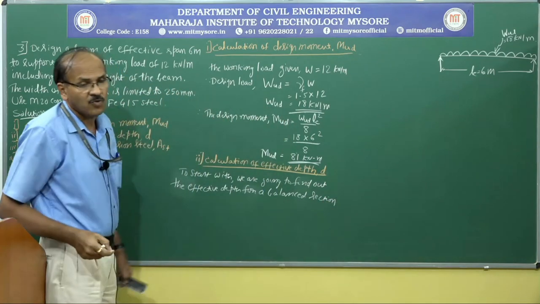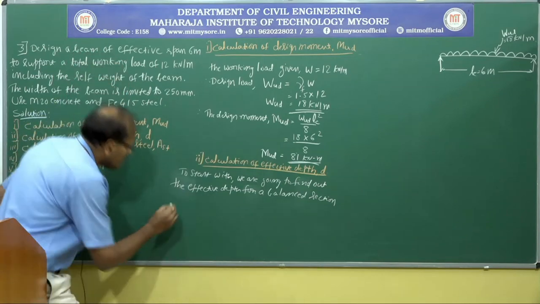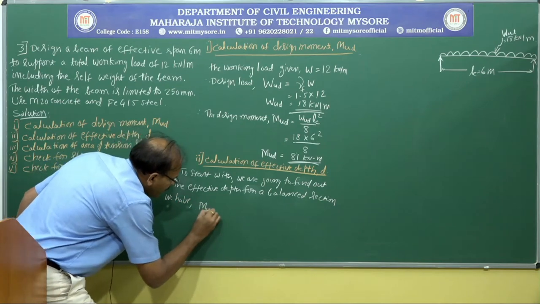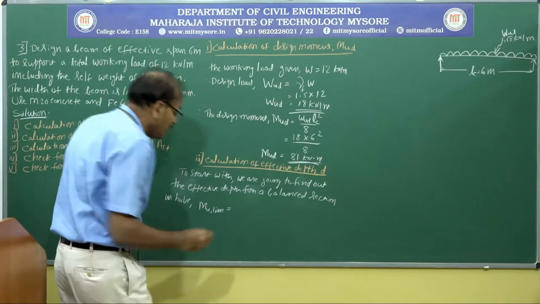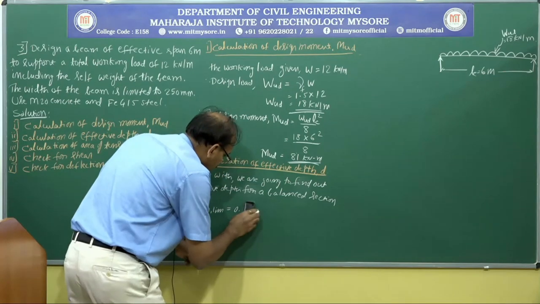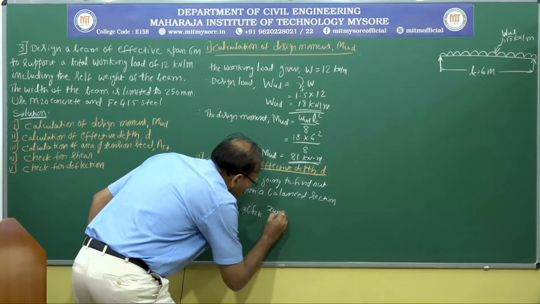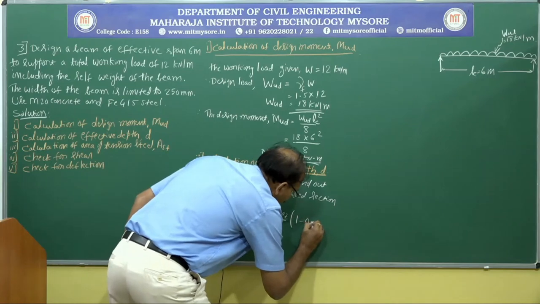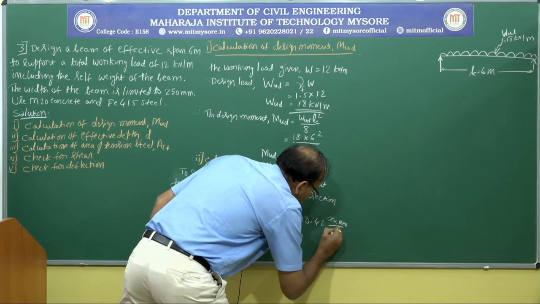So as per 1.1c on page 96, we have MU limit equal to 0.36 FCK XU max by D, 1 minus 0.42 XU max by D.